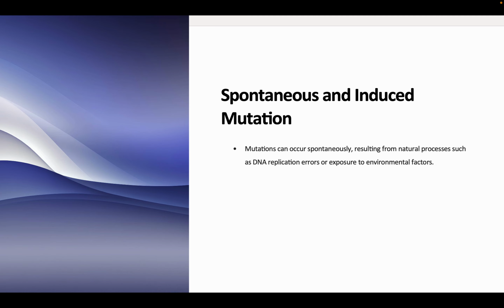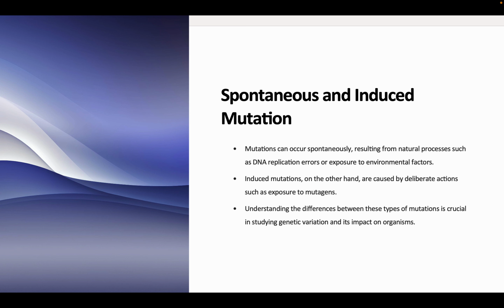But there are some mutations that are induced chemically, like exposure to a mutagen, as we have talked about, like the leakage of some chemicals from a factory, and the people around that area get affected. This is induced mutation.